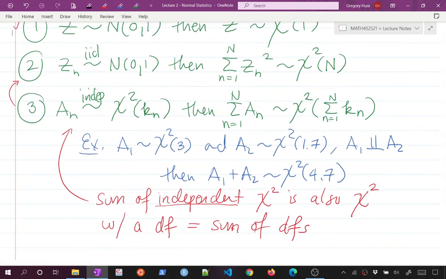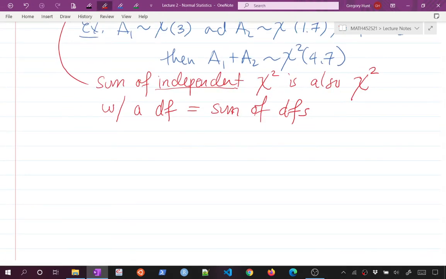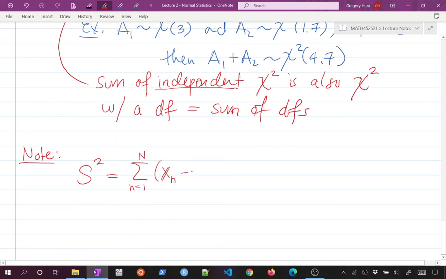So where does this come into things? Note that if I look at my formula for s squared, this is my formula, right? And so we're going to say it's something like the sum of some z squares. Maybe? Kind of?